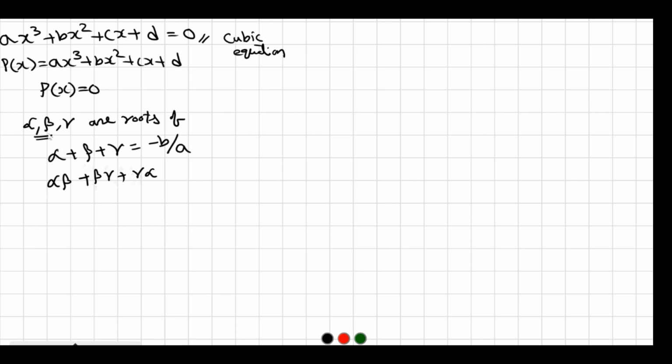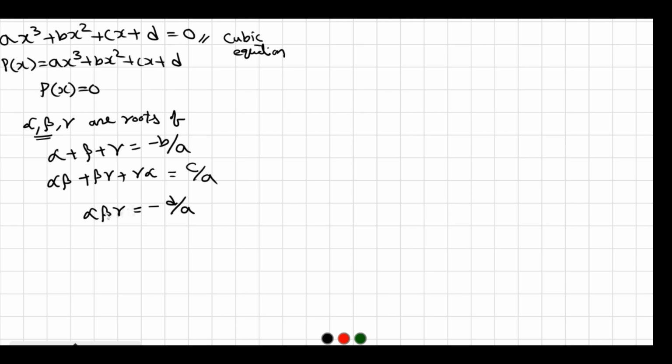So there are three combinations: alpha beta, beta gamma, alpha gamma. If you add all of these, that is equal to c by a. And the product of the three roots, alpha beta gamma, is equal to minus d by a.